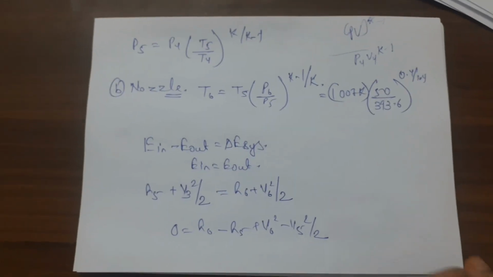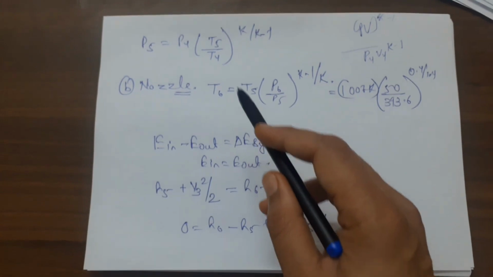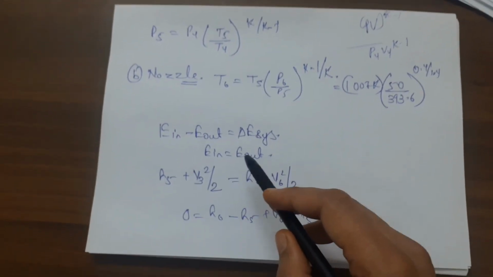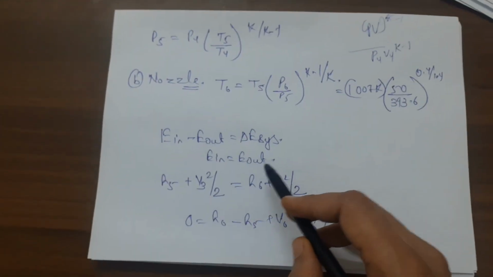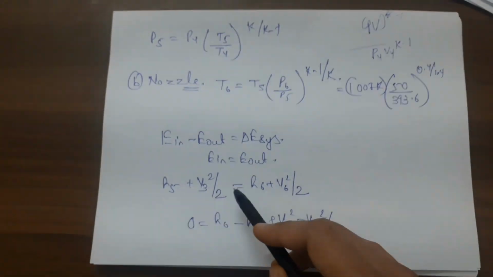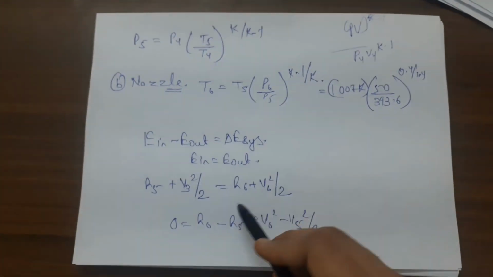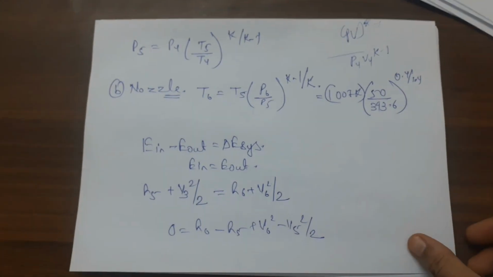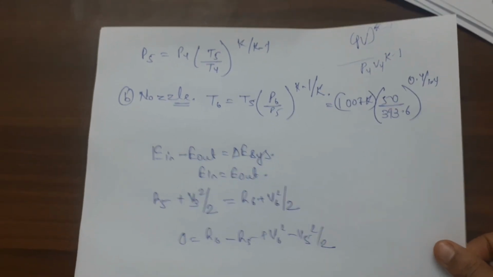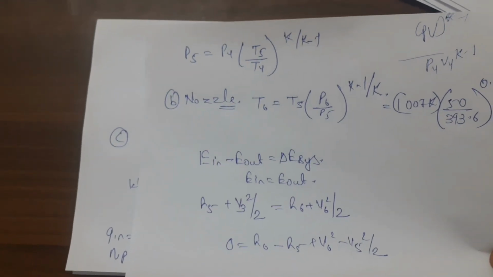Performing next the energy balance, from here we will know the T6 value and we already know the P5 value. Writing the energy balance, E in minus E out is equal to delta E system for the nozzle. So H5 plus V5 square by 2 is equal to H6 plus V6 square by 2. So 0 is equal to H6 minus H5 plus (V6 square minus V5 square) by 2. This was the energy equation we wrote for the nozzle.